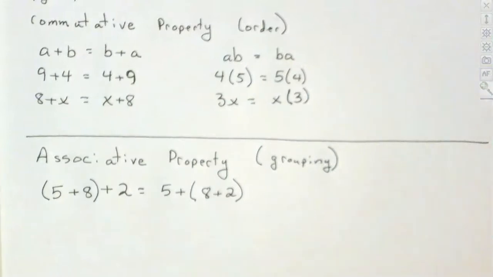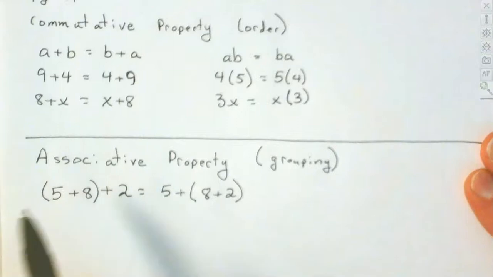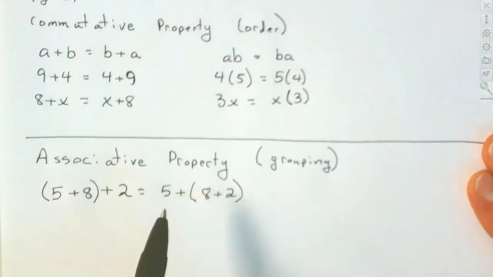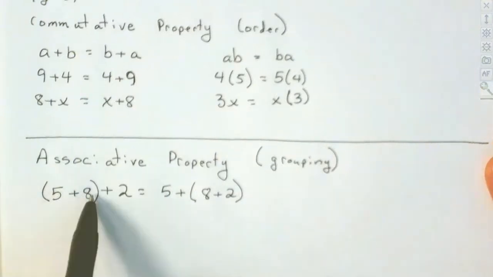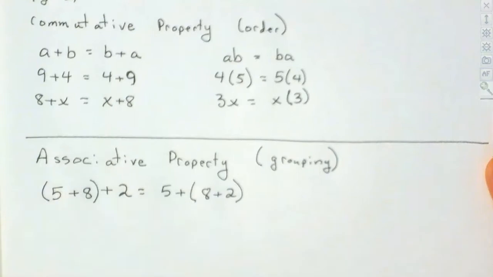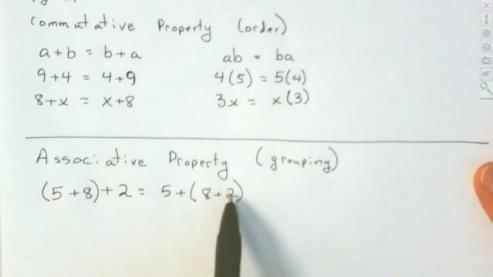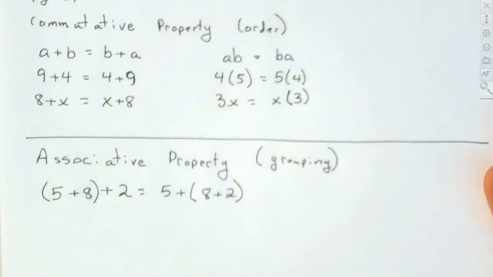Did we change the order of the numbers? No. 5, 8, 2. 5, 8, 2. What did we change? We changed the groupings. 5 and 8 were grouped together with the parentheses. On the right-hand side, the 8 and the 2 are grouped together with the parentheses. We did not change the order.